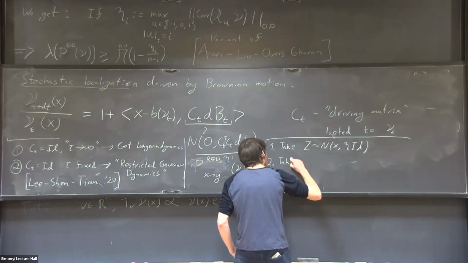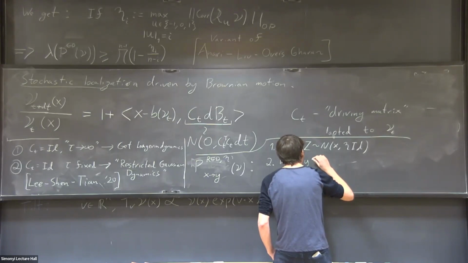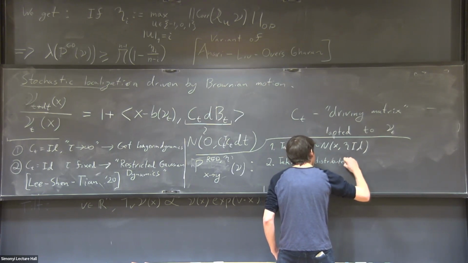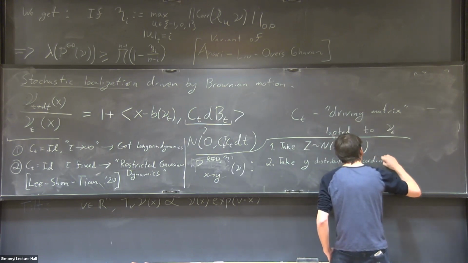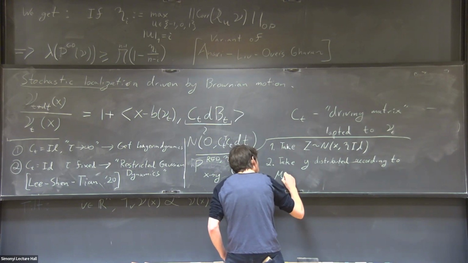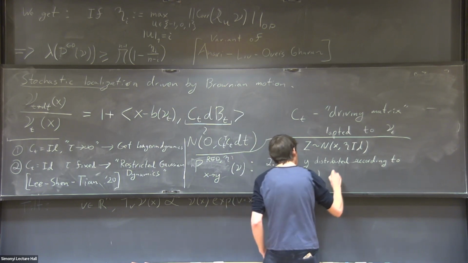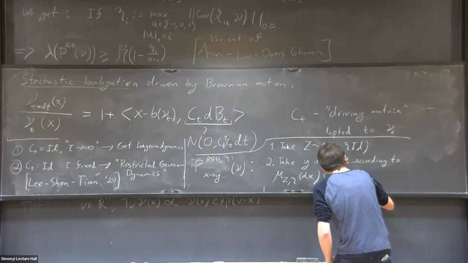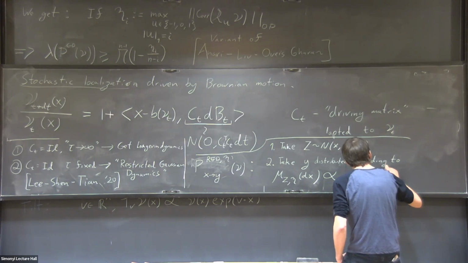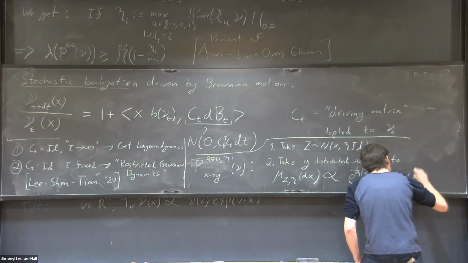we take Y, which is distributed according to the law, let's call it mu_{z,eta}(dx), whose measure is proportional to again a Gaussian, exp(-|z - y|^2 / 2 eta), times mu(dx).